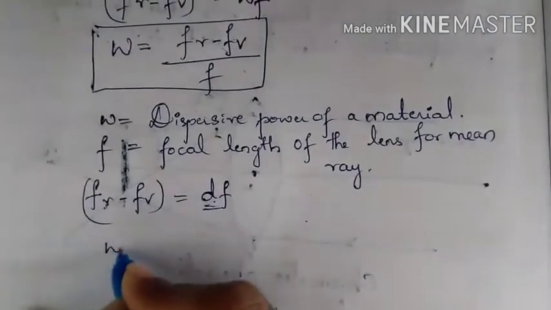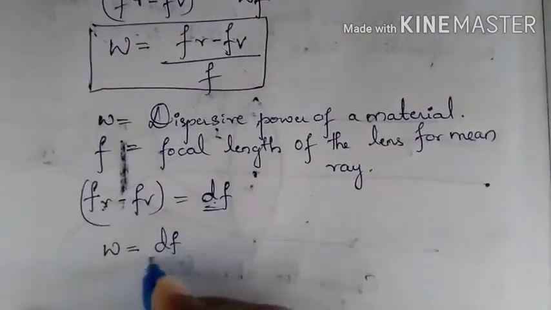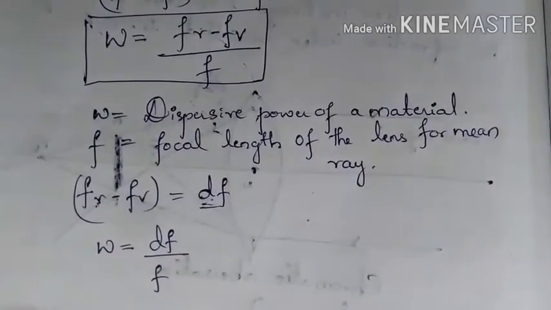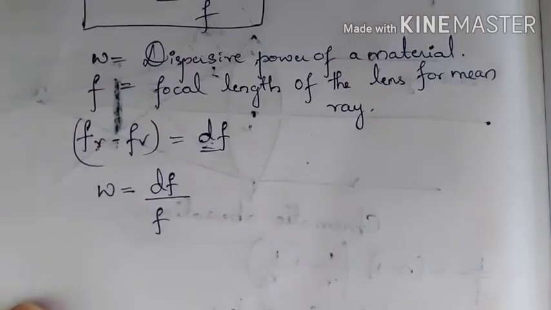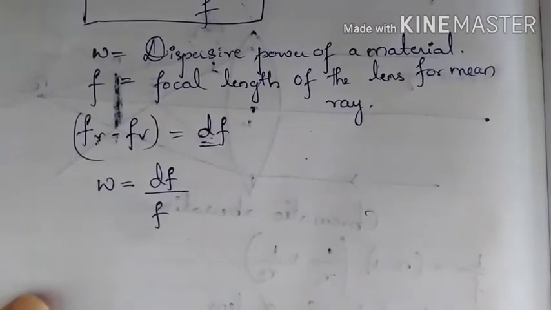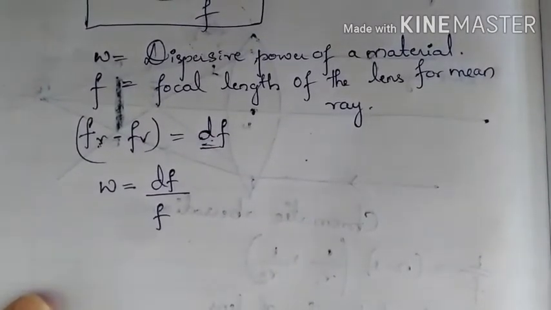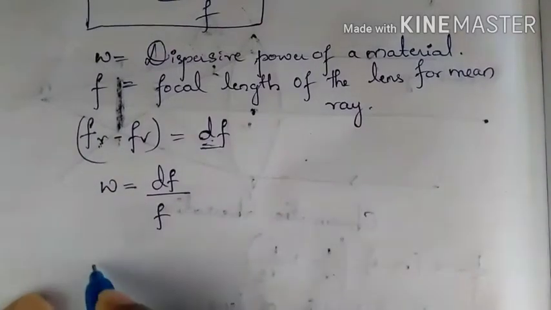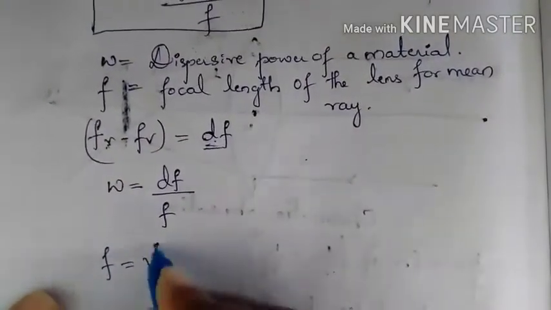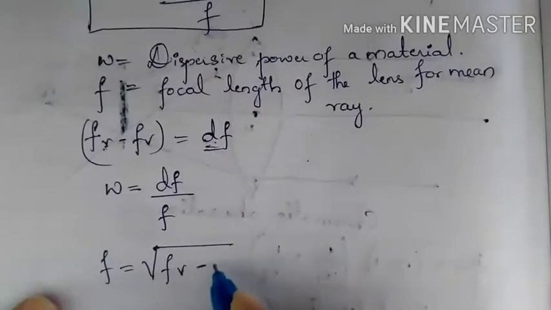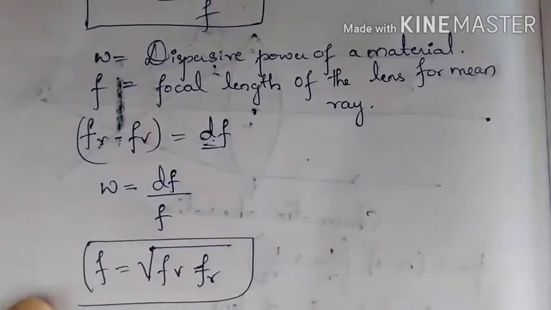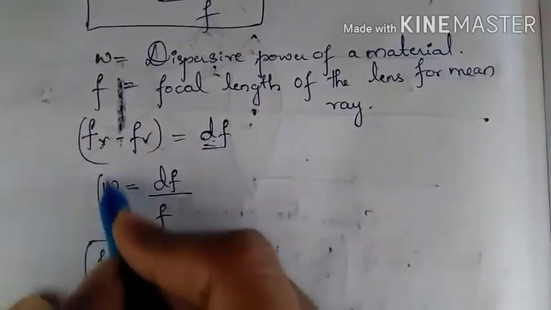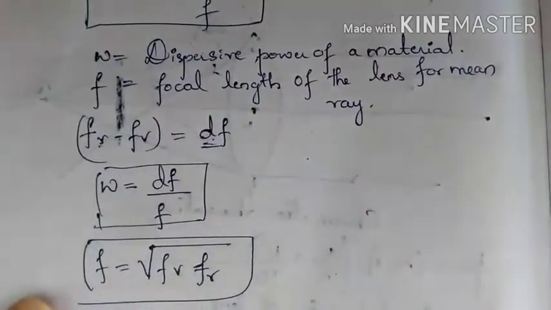Omega will be DF by F. This F, the mean focal length, will be approximately equal to the geometric mean of the focal lengths for two colors. So F will be equal to root over FV multiplied by FR.